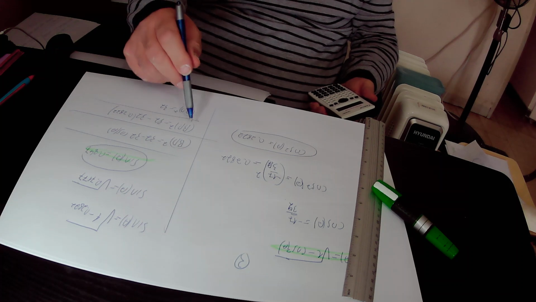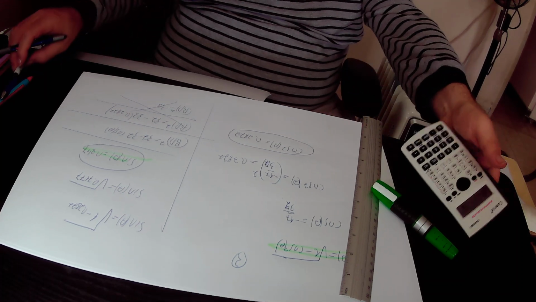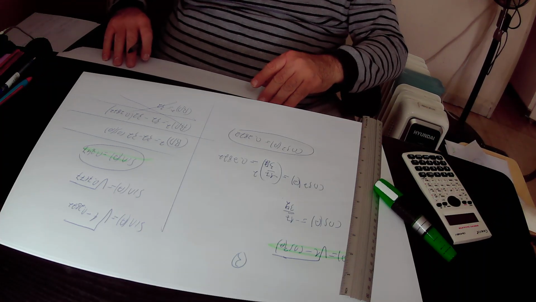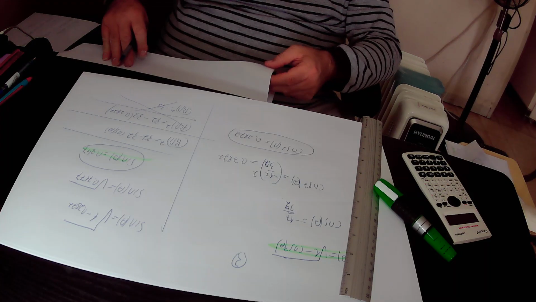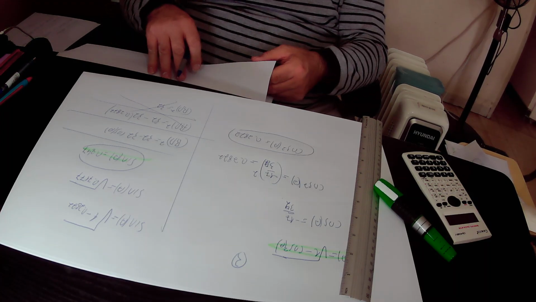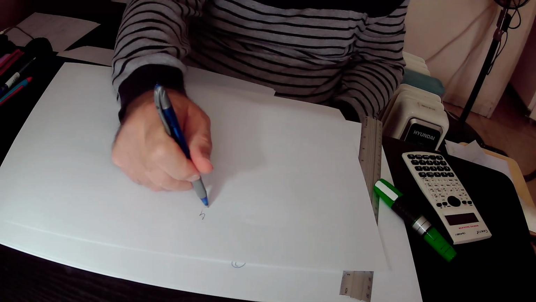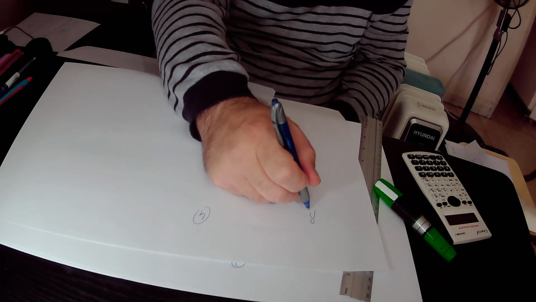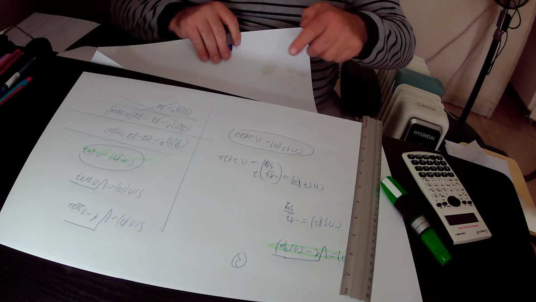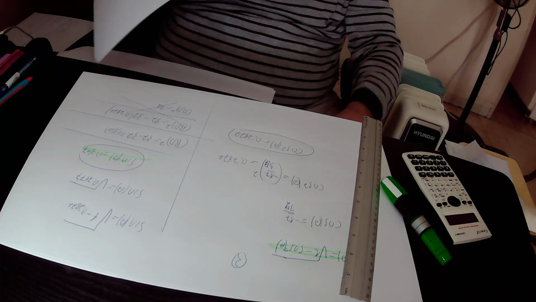So BD square, let me write it down again, we found out that BD square equals 32 minus 32 times cosine theta.